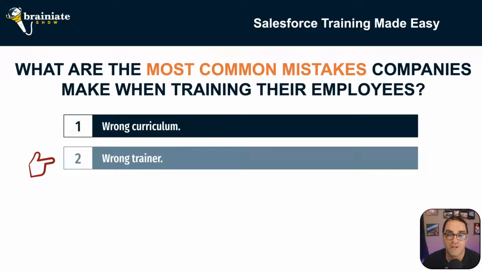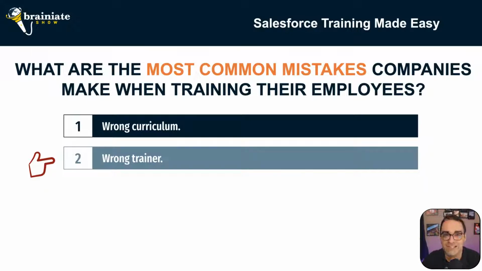They pick the wrong trainer. Very often, the person asked to get to the front of the room to do the training is the person who did the configuration. Stereotypically, the person who did the configuration is usually not of the personality type where they enjoy public speaking. Usually, they don't like being at the front of the room.